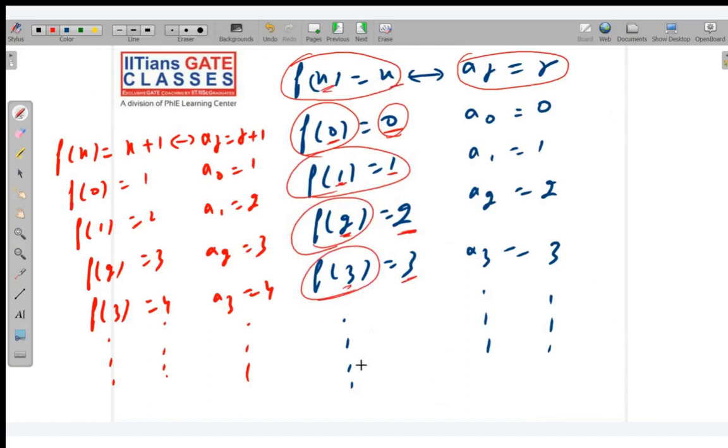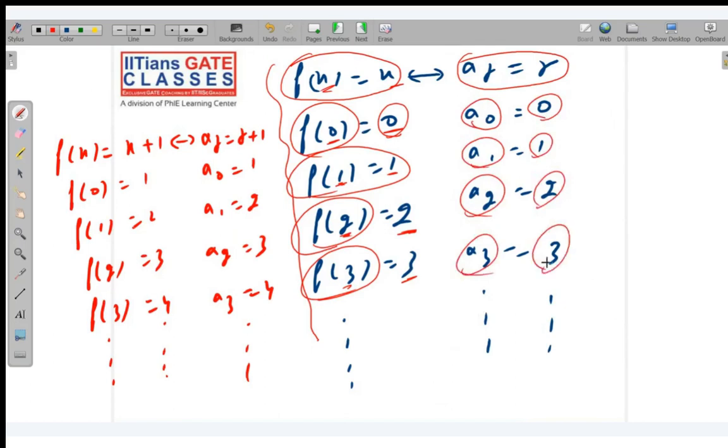This is the normal function representation, but when we represent it as a numeric function, we say a_0 is 0, a_1 is 1, a_2 is 2, a_3 is 3, because a_r is r. I think it's very obvious now.